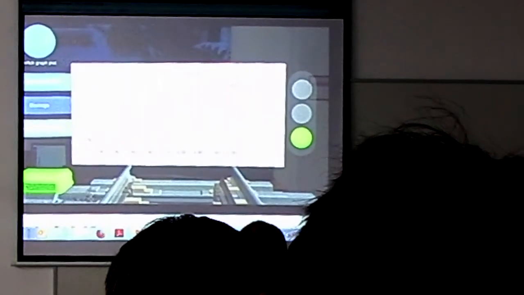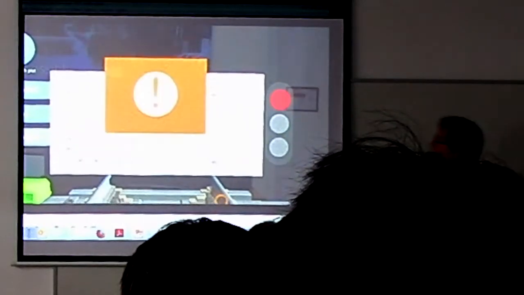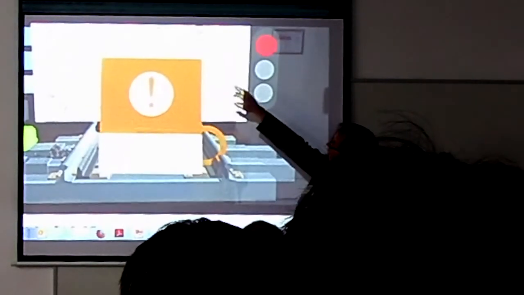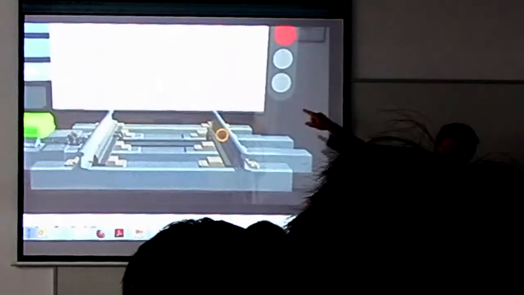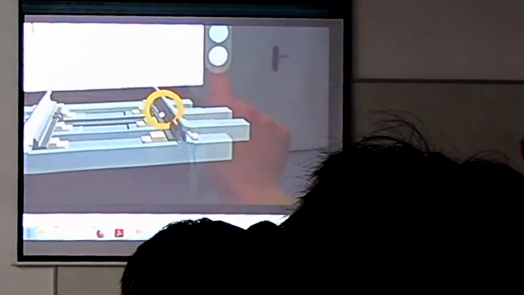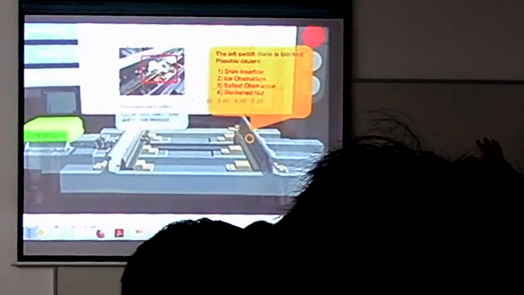Now we are simulating a scenario where something is blocking the track. You see the curves are there, and it already identifies that there must be something in the track because of the signature of the electric system or of the movement system, and it also has some solutions in there.